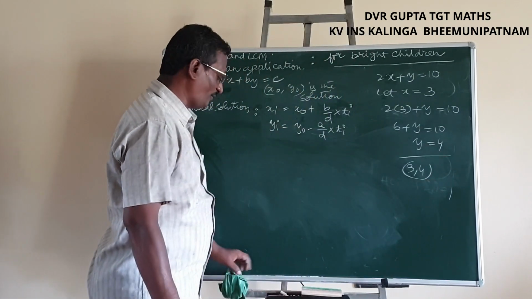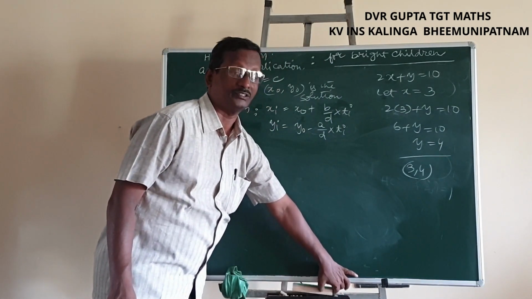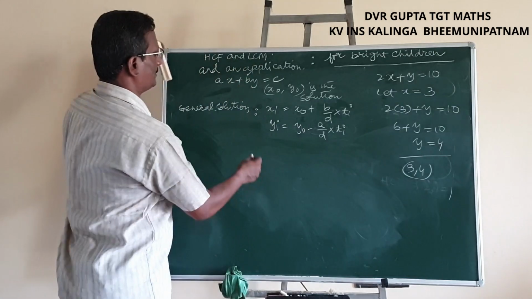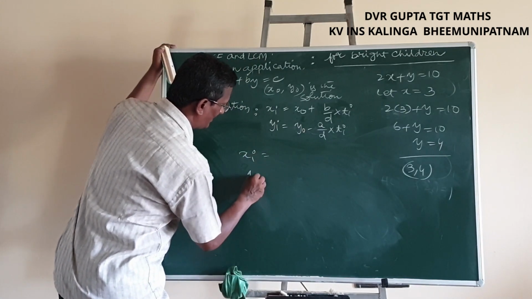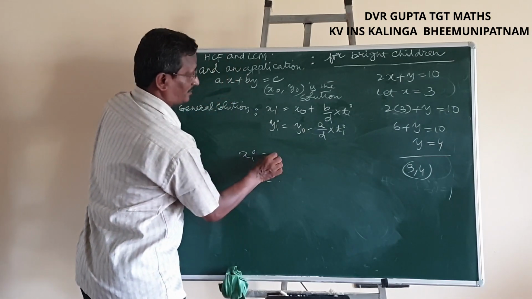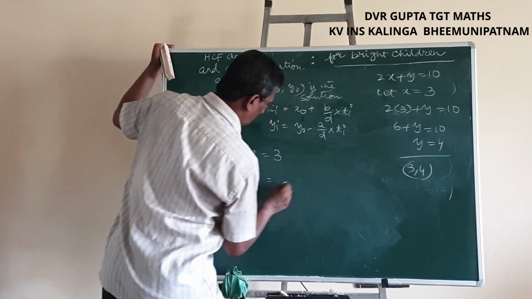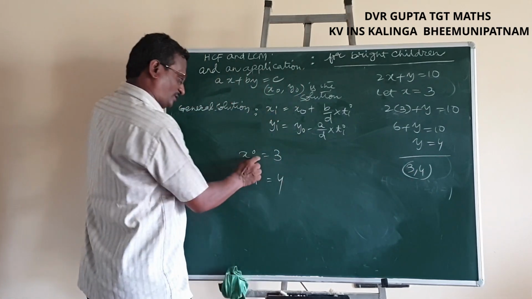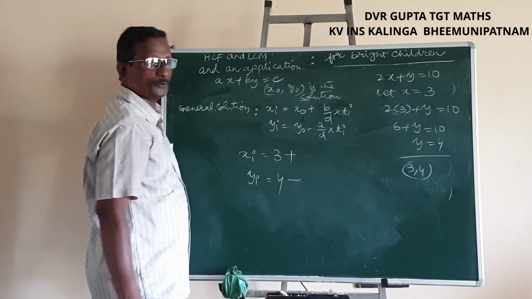So by making use of this base solution, how am I going to write the general solution to generate infinitely many solutions? See, xi is equal to x base value, which is 3, plus, and yi is equal to y base value, which is 4, minus. Here, for the x solution we put plus, for the y solution we put minus.